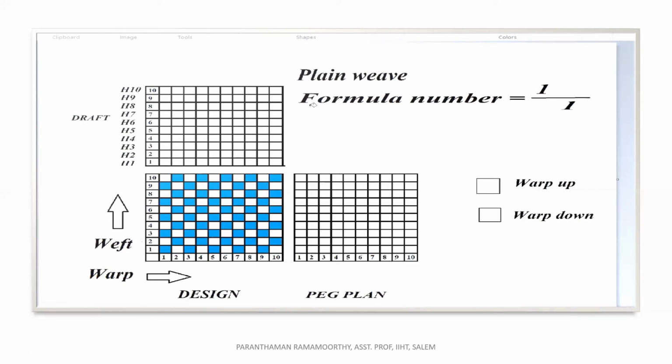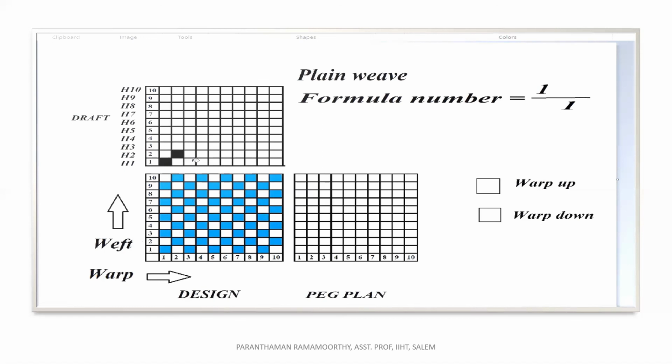Next is drafting. The first end is drawn through the first heald frame. Then the second end is different from the first one, so it is marked in the second heald frame.